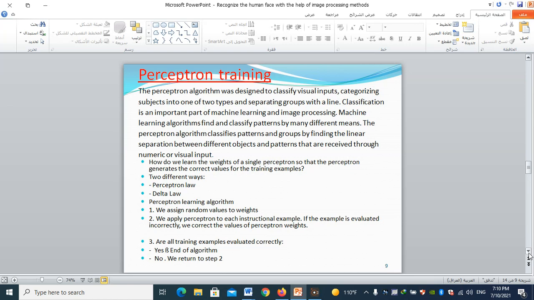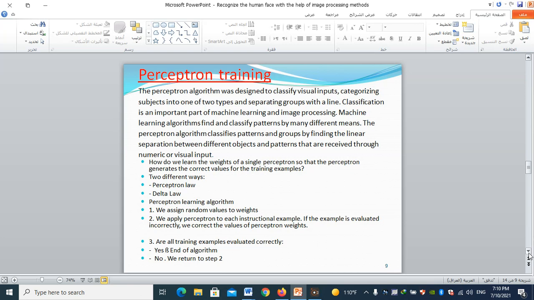The perceptron training algorithm was designed to classify visual input, categorize subjects into one of two types, and separate graphs with a line. Classification is an important part of machine learning and image processing.